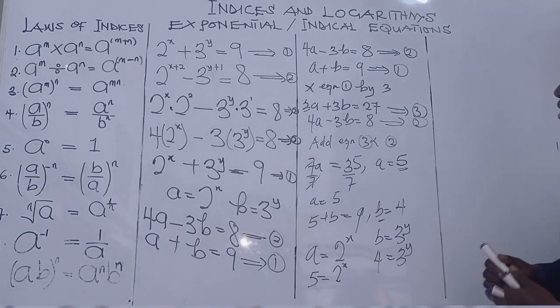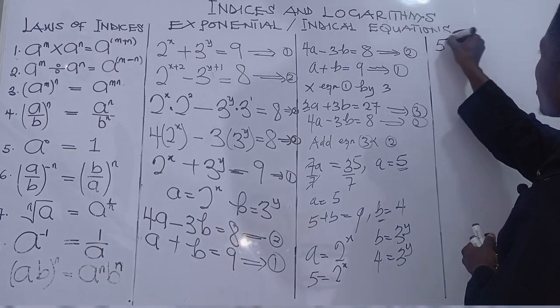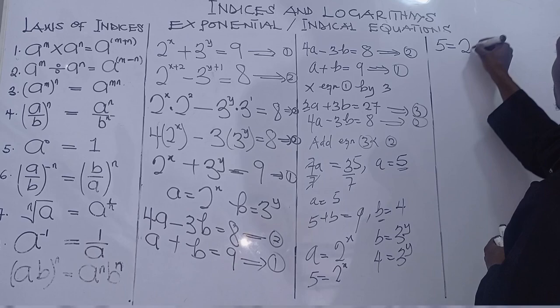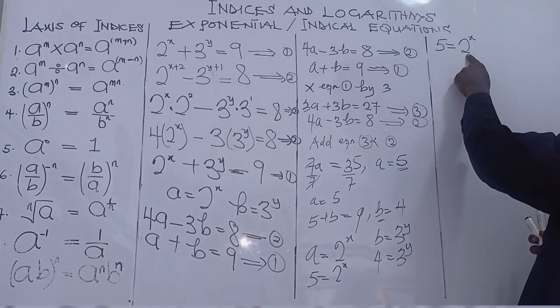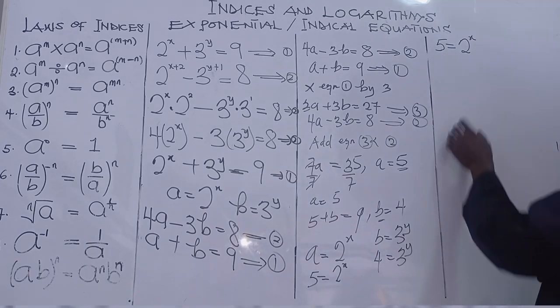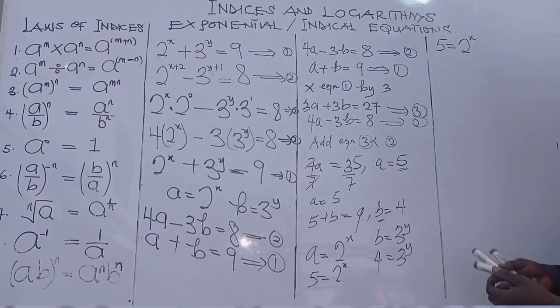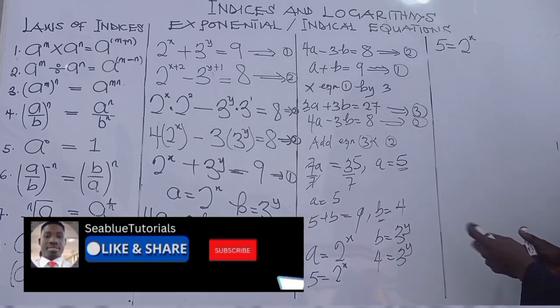Let's continue from this side. So we have 5 is equal to 2 raised to the power x. You realize that the bases on either side of the equal sign can't be the same. So before we can solve this, we have to introduce logarithm to the base of 10 on either side of the equal sign.